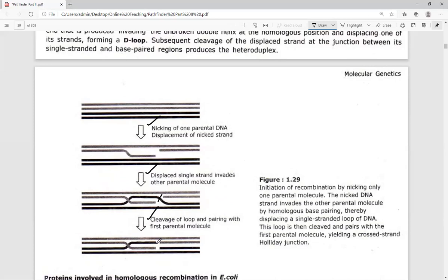Another chi site will be produced here, and so there would be two chi sites, and now the modification will lead to the formation of two Holliday junctions. One Holliday junction will be produced here, another Holliday junction will be produced here.